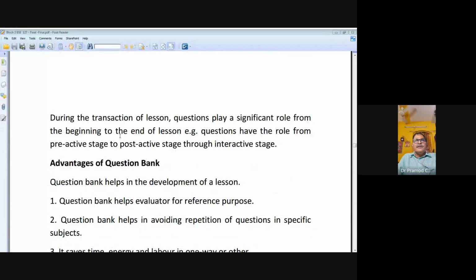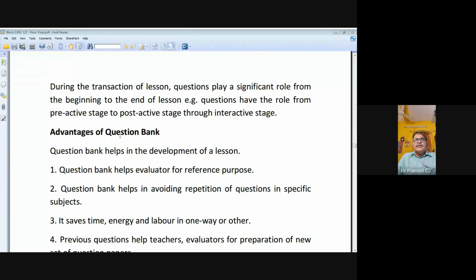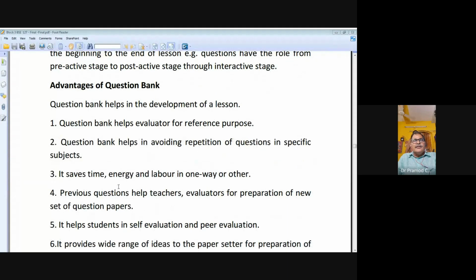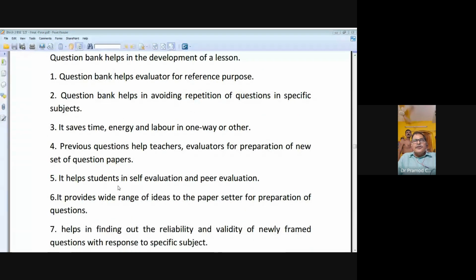So there are advantages: the evaluator gets a reference on different types of question papers, there is no repetition of questions, and it saves the time, energy and labor of the teacher. The question bank helps teachers, evaluators and others to have a qualitative question paper.